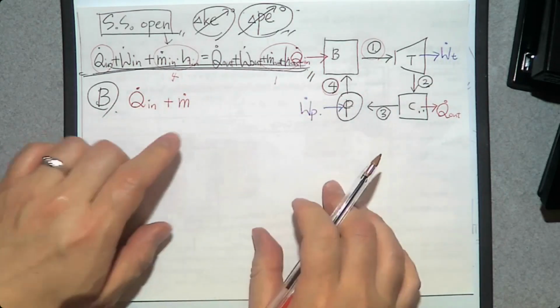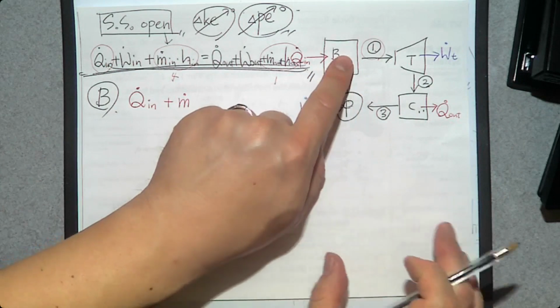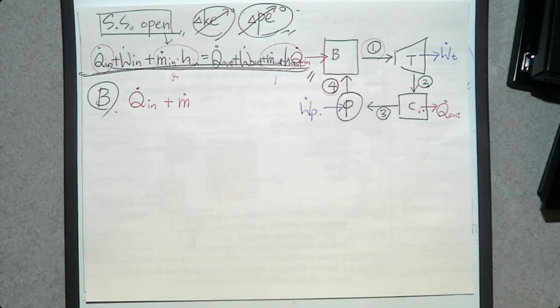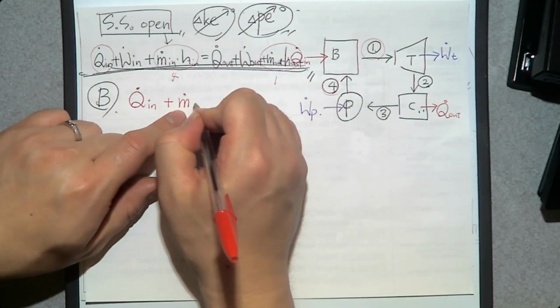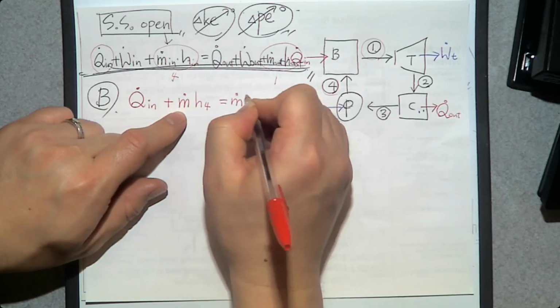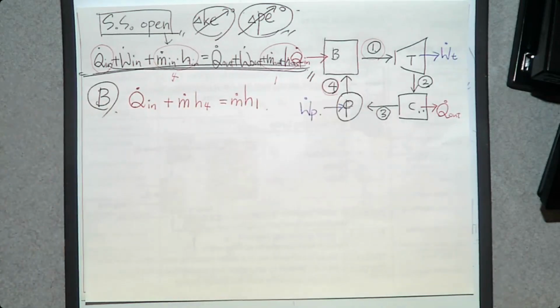By the way, each component has only one inlet and one exit. So M dot number 1, number 2, number 3, number 4, they are all equal. So we can just say M dot. Q dot in plus M dot H4 is M dot H1. That is the energy balance equation for this boiler.